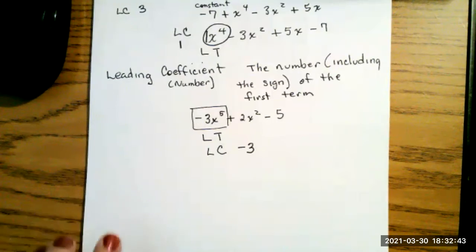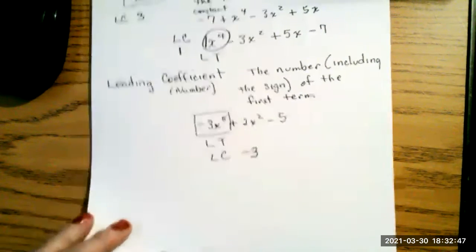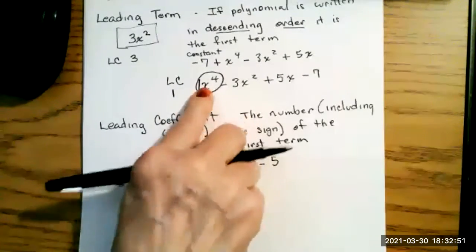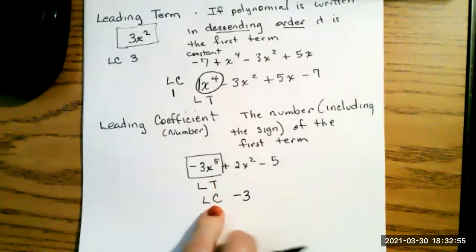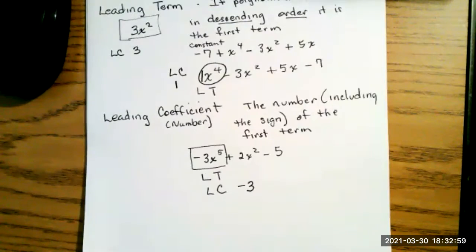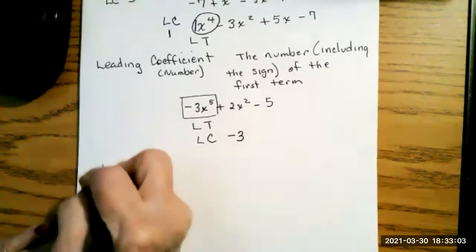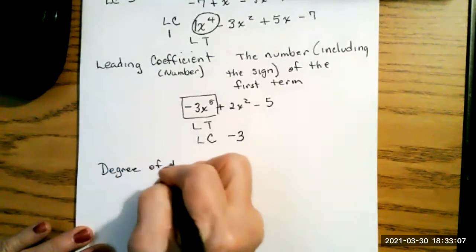Okay, any questions on leading terms and the difference between a leading term and a leading coefficient? The term has the x with it and the little exponent. The coefficient just has the big number that's in front with the sign. Okay, let's talk about the degree of the polynomial.